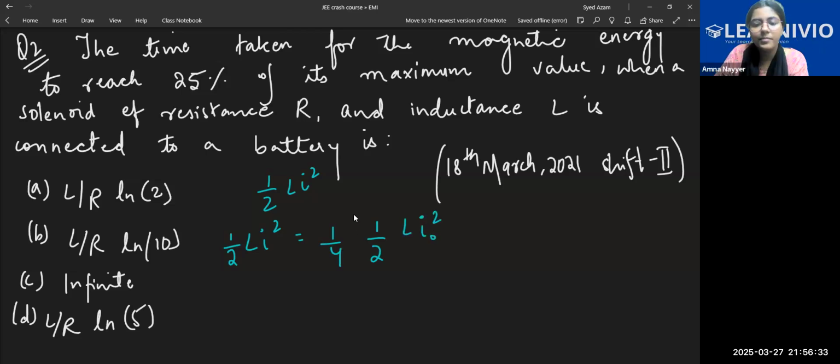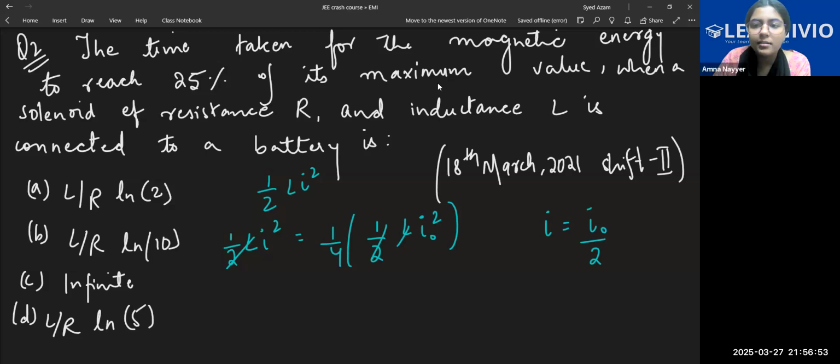So from here, half L will be cancelled, and I will be equal to I naught divided by 2. Got it? We have to find out the time taken; that we'll calculate later. First check.